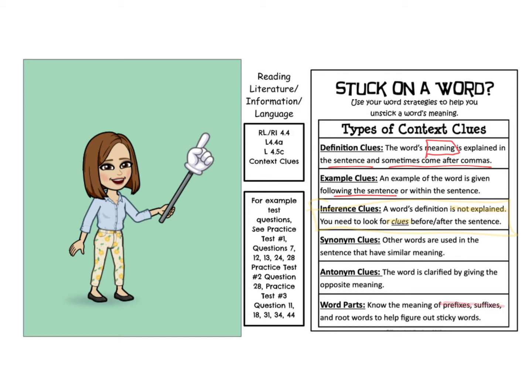Prefixes, suffixes, and root words can help you figure out sticky words you do not know. And we're going to practice that strategy today, looking inside of a word to use those prefixes, root words, and suffixes to help us. That's what growing readers do.